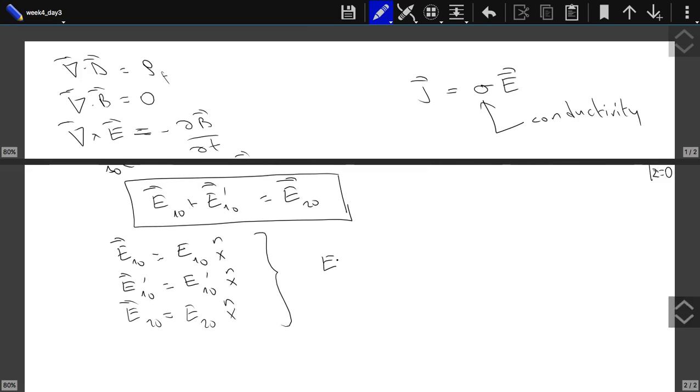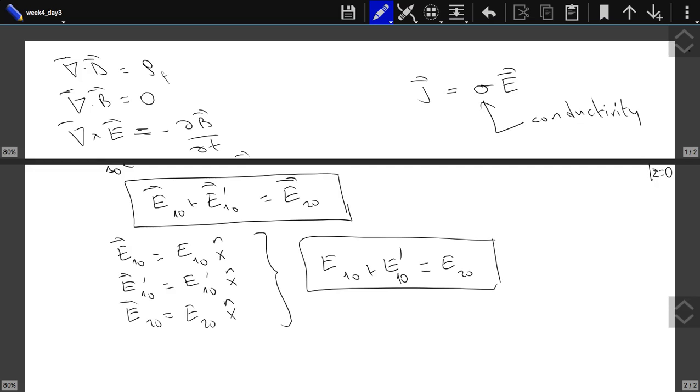This just tells me that these numbers, E1 0 and E1 0 prime, should add up to give E2 0. What I'm doing is exactly the same as what I did in the case of a non-conducting medium. And this equation is in fact exactly the same as what we had in the non-conducting medium case.